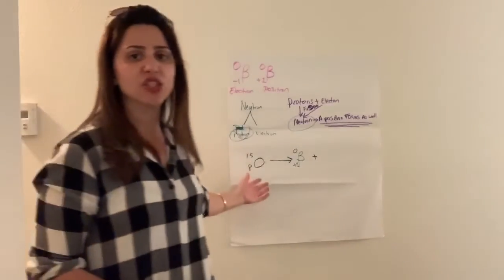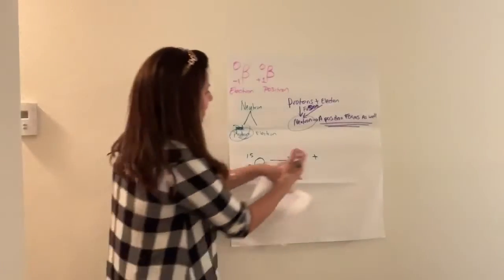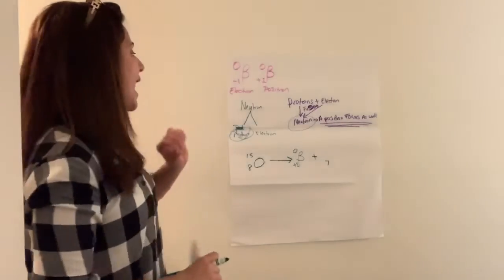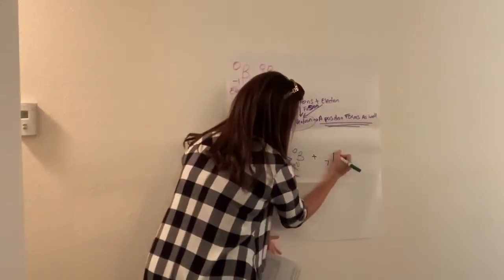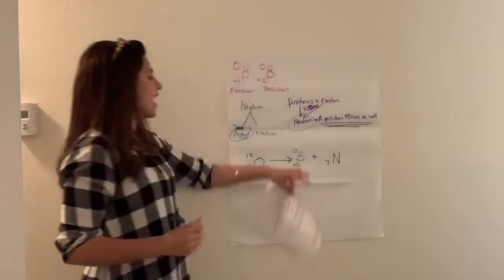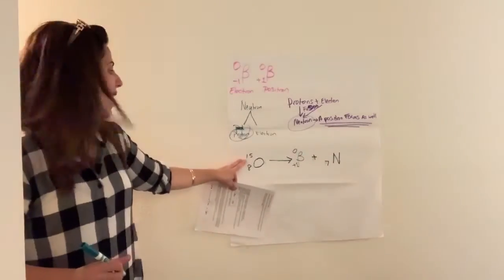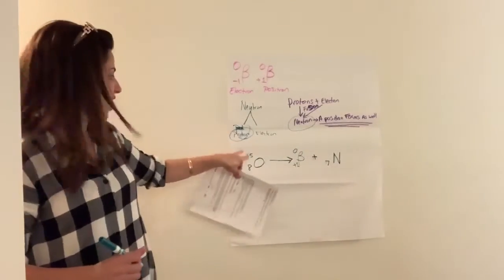So if I take oxygen, which is 8, and I take away a proton, I'm going to end up with an element that has 7 protons instead of 8, and that element, if you look at your periodic table, is nitrogen. So I have nitrogen over here, and then my atomic mass is going to be the same as the atomic mass of the original element of oxygen.